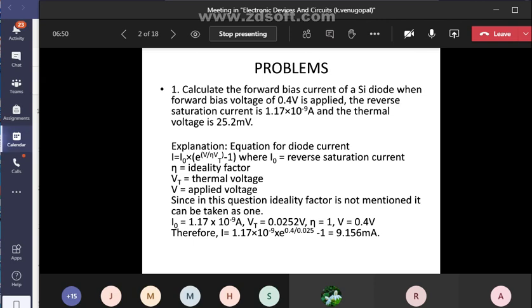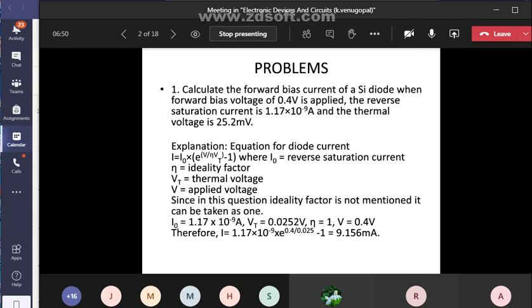So we know that the diode current equation is I equal to I naught into e power V by eta Vt minus 1, right? We have already derived this diode current equation.